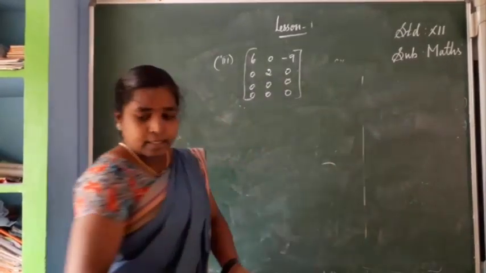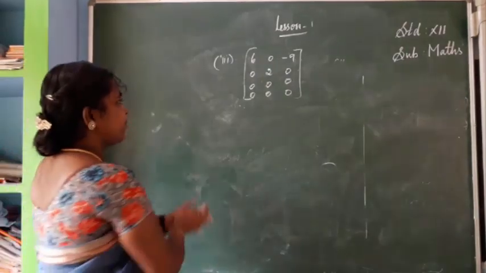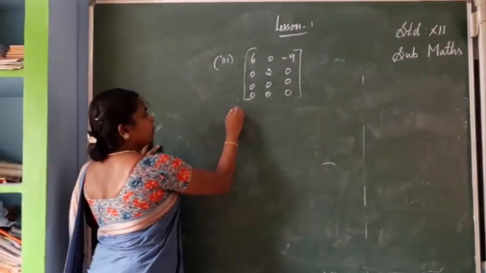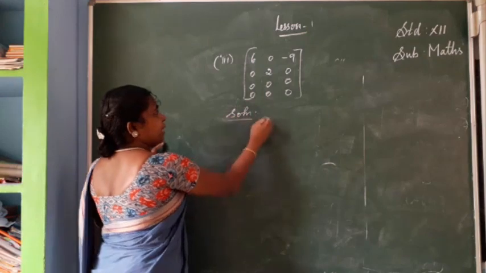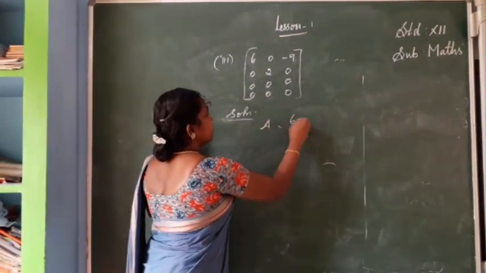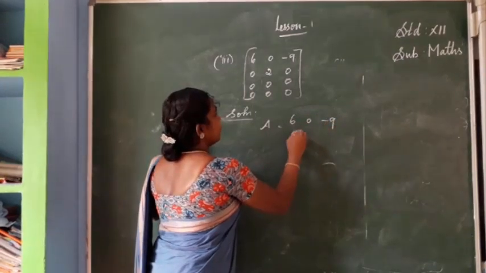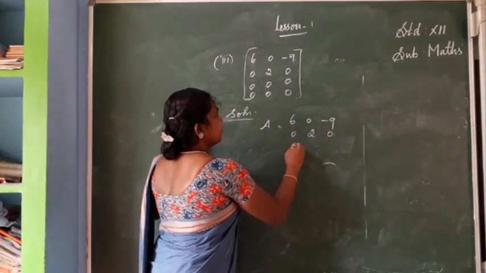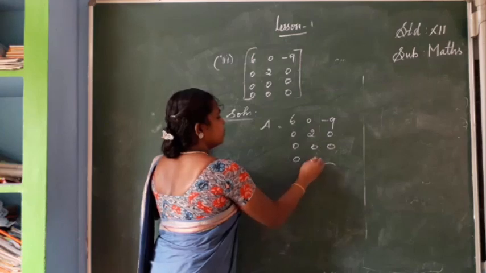Here you can try this third subdivision. Already two subdivisions we have completed with the same method. You try this problem. First write the given matrix, that is A equal to 6 0 minus 9, 0 2 0, 0 0 0, 0 0 0.